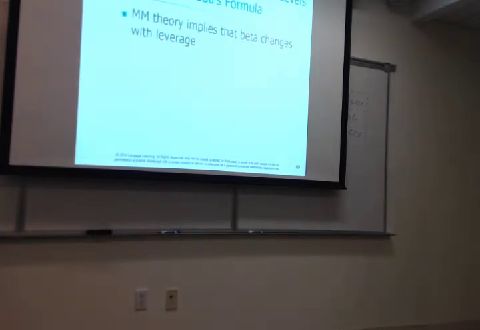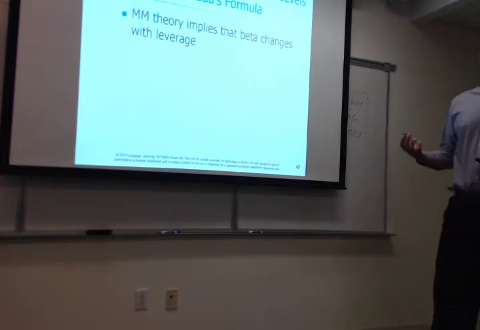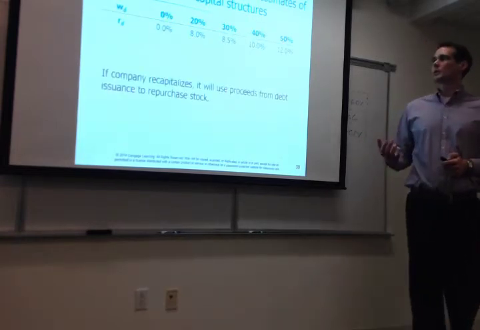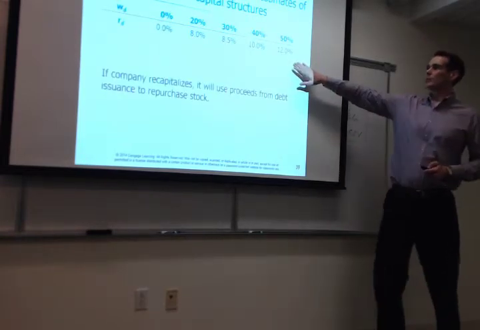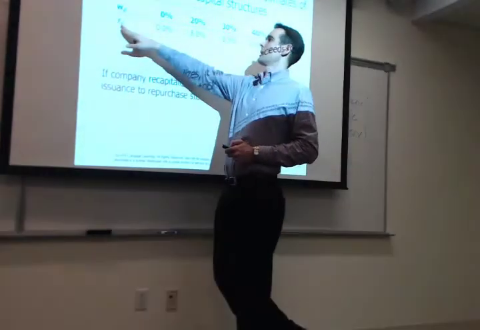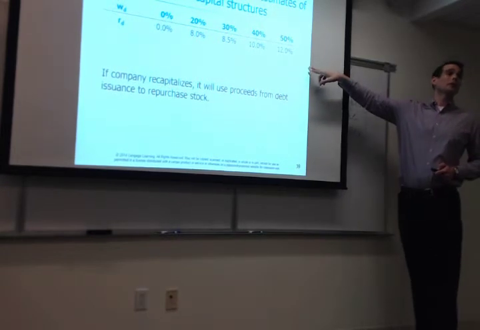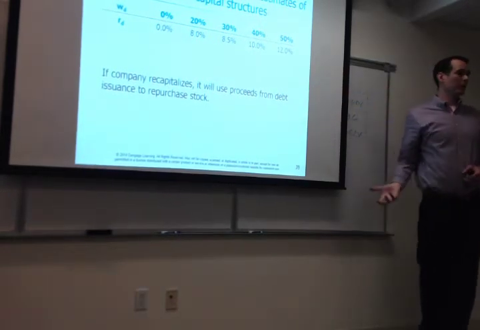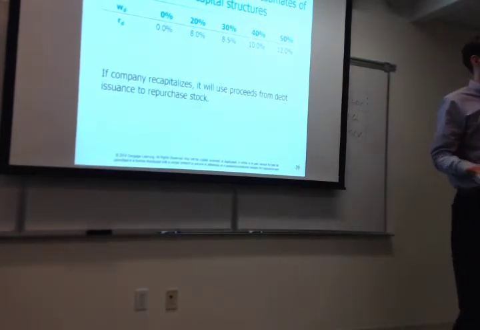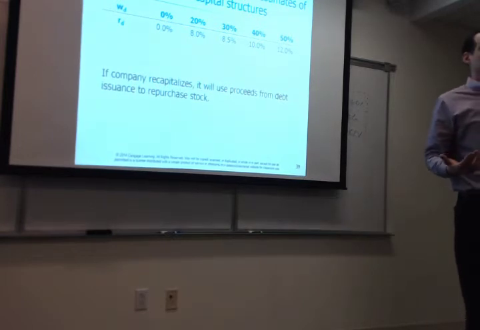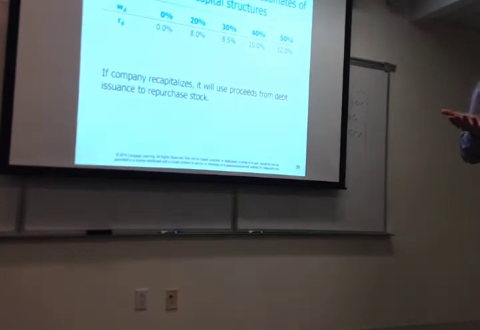Okay. Another thing we need to consider before we do our calculations of value: we see how the cost of debt goes up the more and more debt we take on. The cost of equity is also going to go up the more and more debt we take on. The reason is the same, it's risk.